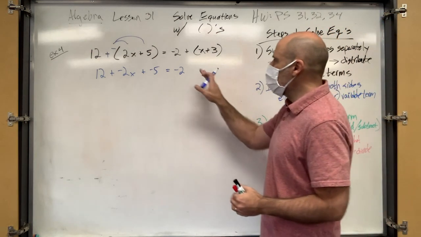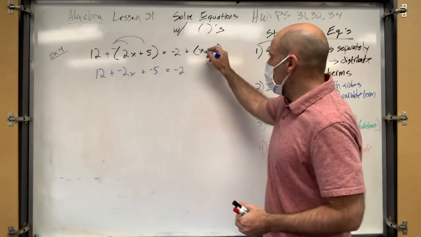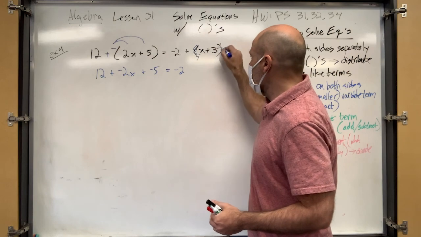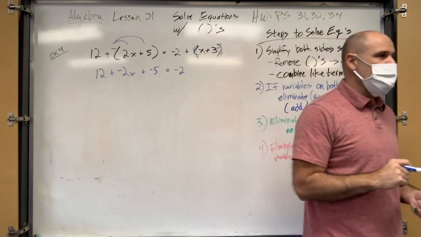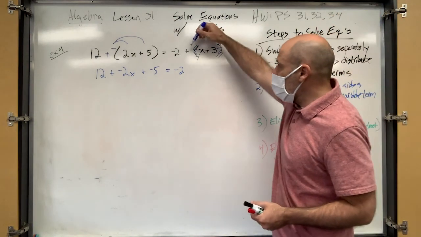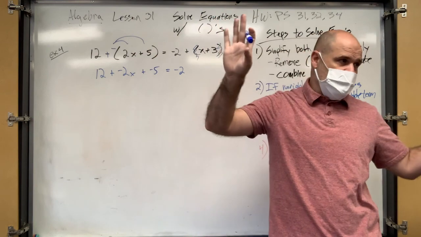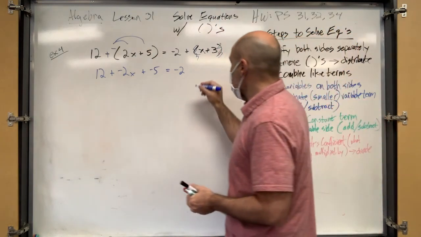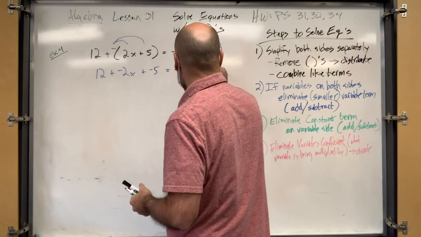So when you see something like this, you can just ignore the parentheses. That was a waste of ink or a waste of pencil to even write those parentheses. So if there's nothing to distribute, then you can ignore them, okay? So this is just -2 plus x plus 3.